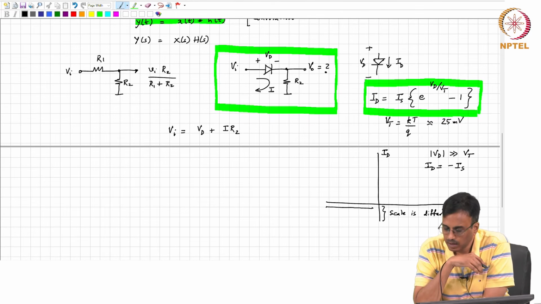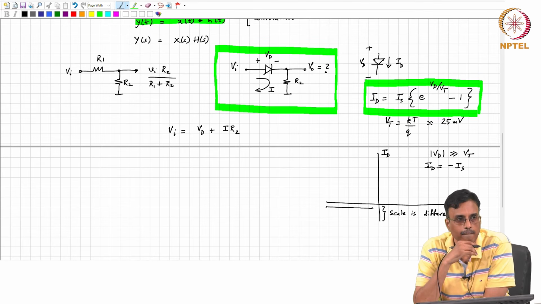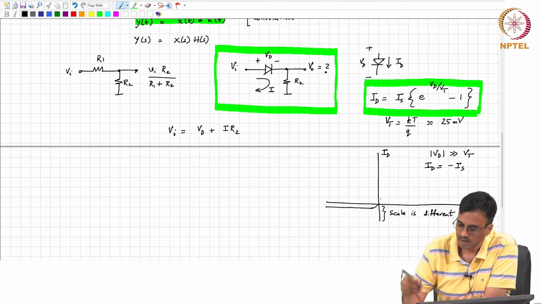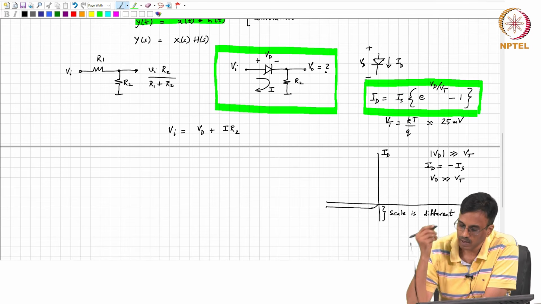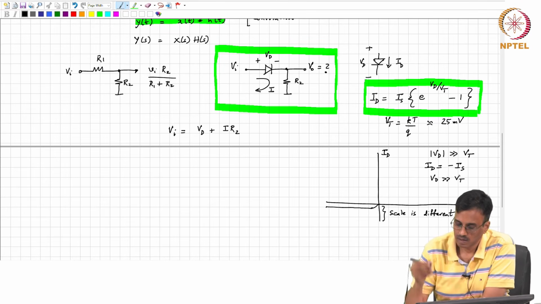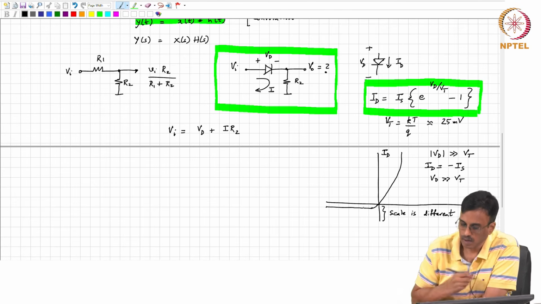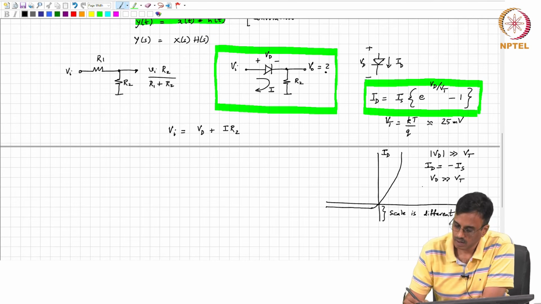And when Vd equals 0, what is the current? 0. And when Vd is much greater than Vt, what comment can you make? It is an exponential function. And Id is approximately Is e to the Vd over Vt.